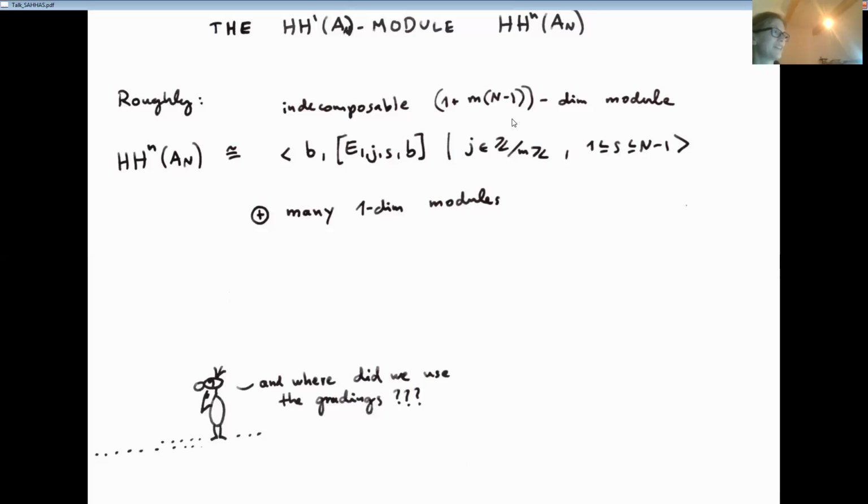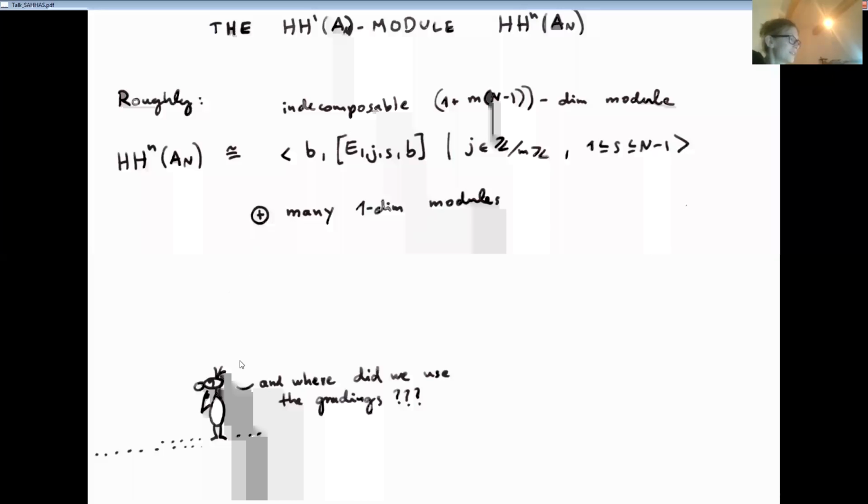And one can somehow see this: Snellsche and Taillefer give the dimensions, quite different in each degree, but always greater than 1 plus m times n minus 1. And everything else varies quite a bit, and all these other modules are just one-dimensional, so not very interesting from the module structure perspective.